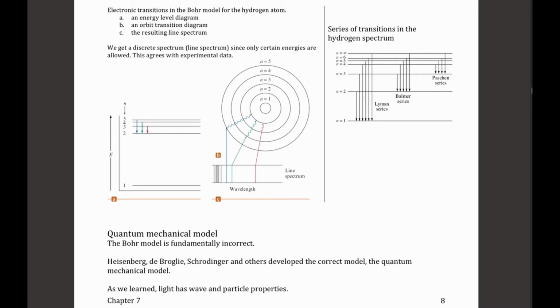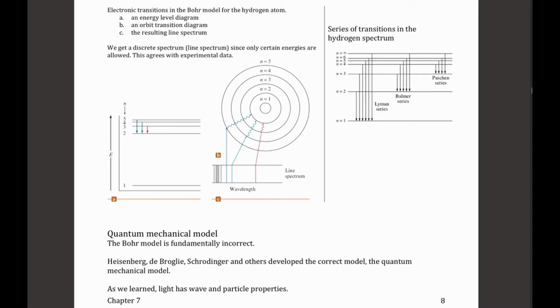It's showing the transitions from, for example, 3 to 2, 4 to 2, 5 to 2. And then the lowest one, C, is showing the line spectrum. So you see the association between the transitions occurring in the atom and the line spectrum that we get out of analyzing those transitions.